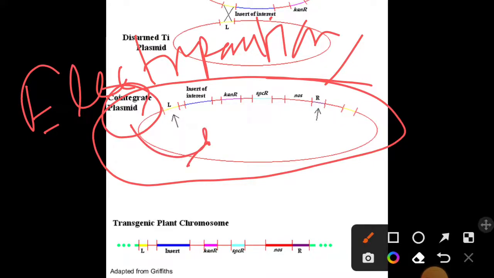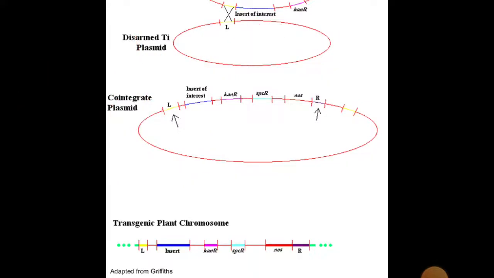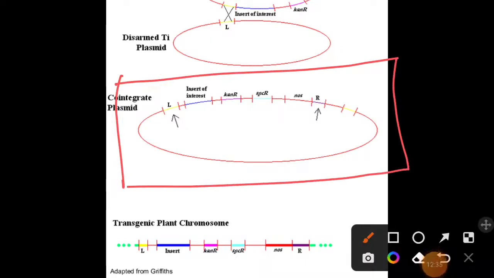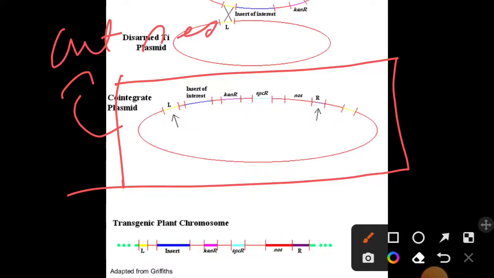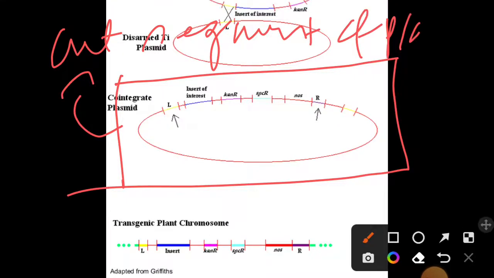Okay, now once we have transferred our co-integrate plasmid inside Agrobacterium tumefaciens, we will infect a cut segment of plant tissue with the help of the bacteria containing our co-integrate plasmid.